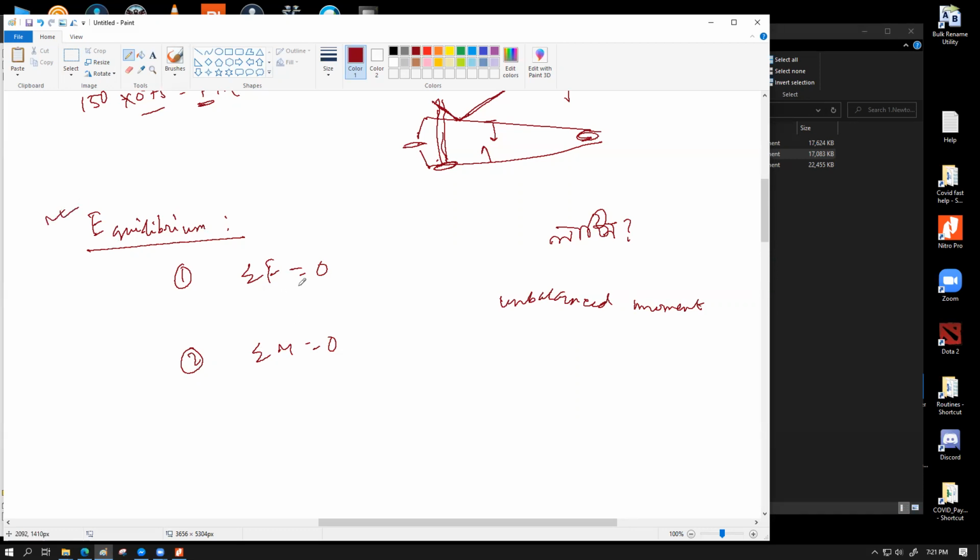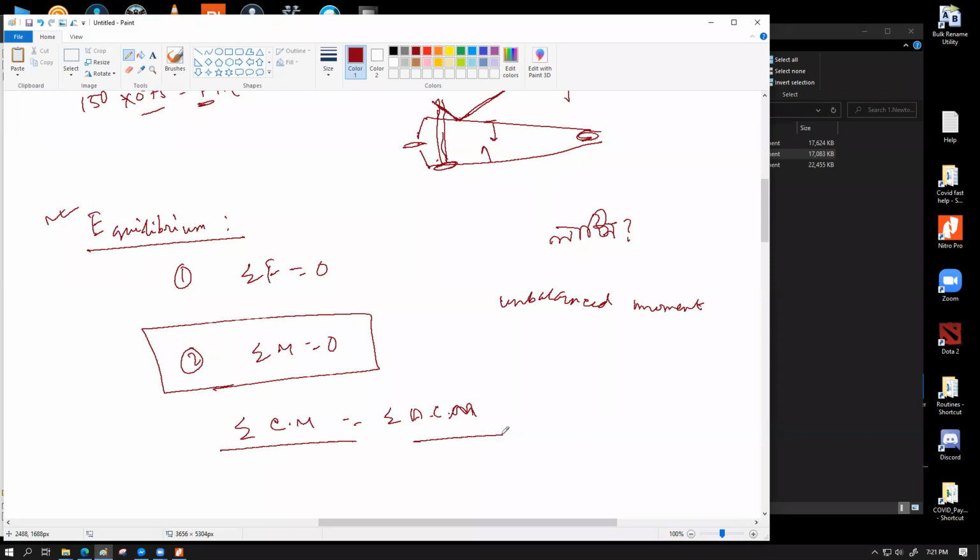If either of them is non-zero, the object is not in equilibrium. Simple. এখন resultant moment zero হওয়ার basic meaning হচ্ছে on any object the sum of clockwise moments should be equal to the sum of anti-clockwise moments. এই হচ্ছে আমাদের equilibrium of moments এর or principle of moments এর basic expression. That যে কোনো অবজেক্টের উপর total clockwise moment should be equal to total anti-clockwise moment if the object is in equilibrium.